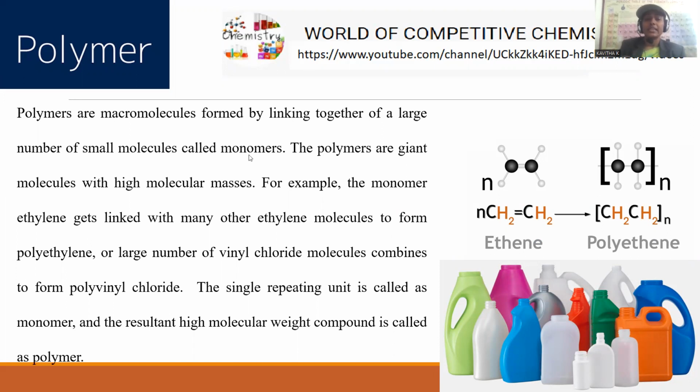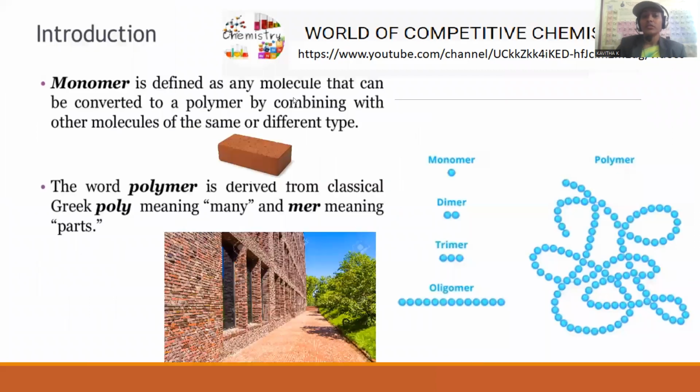Monomers are interlinked in such a way that macromolecule formation is possible, which in turn is called a polymer. Polymers are joint molecules, formed by the joining of monomers. We can say it is a joint molecule, and it is composed of high molecular weight. For example, if a monomer has a molecular mass of 10, 10 molecular mass will be there.